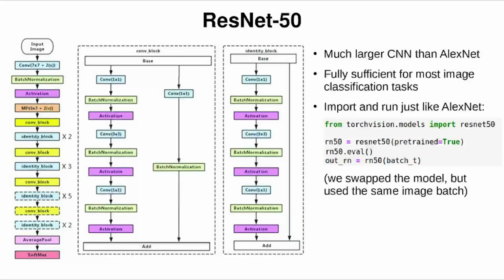To this day, ResNet 50 remains a sufficiently accurate model for most image classification tasks that you may encounter in practice. Let's see how it performs on the same image of a yellow lab that we used to test AlexNet.